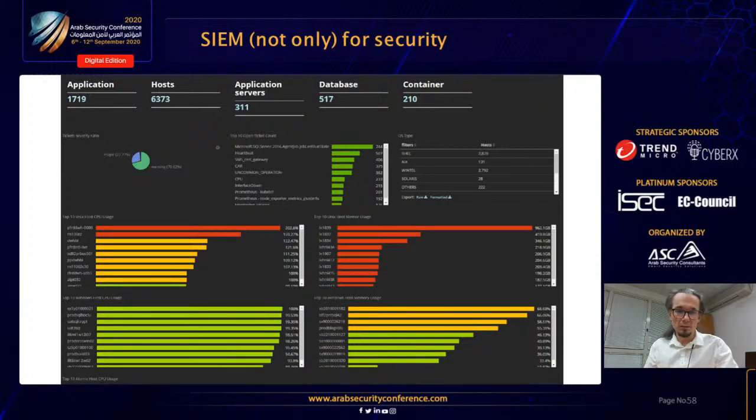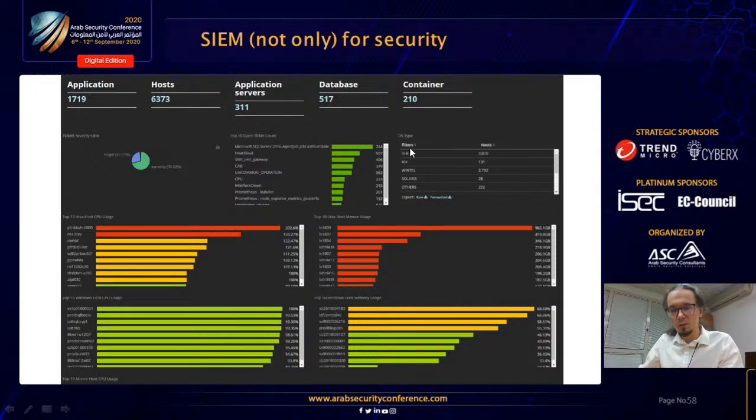So this is monitoring on an even higher level, on an even more dynamic infrastructure and environment, and I will explain that in a second.